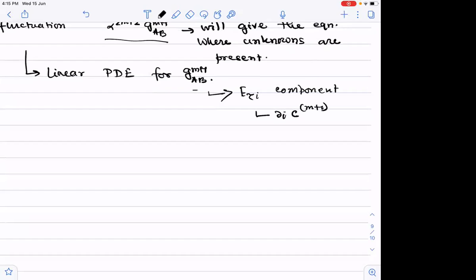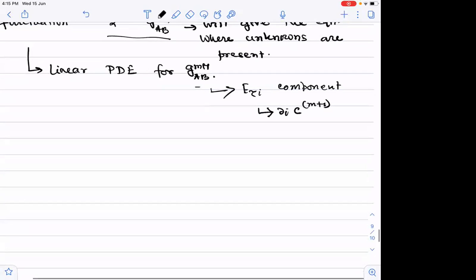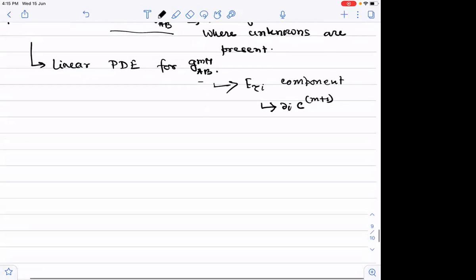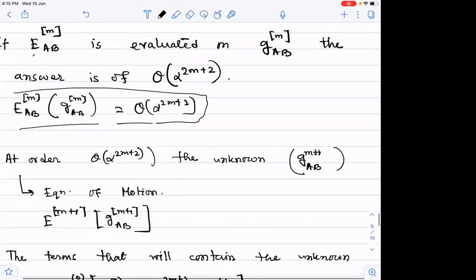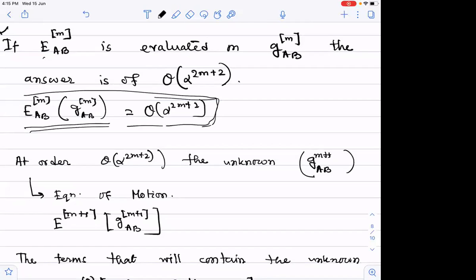So here the tau I component is again proportional to del I of C_{m plus 1}. It follows from the zeroth order calculation, some universal form. At every order, it will be like this. And now the source term. So del I of C_{m plus 1}, I want it to be constant, so the source term has to be constant. It will have some right-hand side, and this right-hand side will be generated from this kind of term, this order alpha to the 2m plus 2 term.